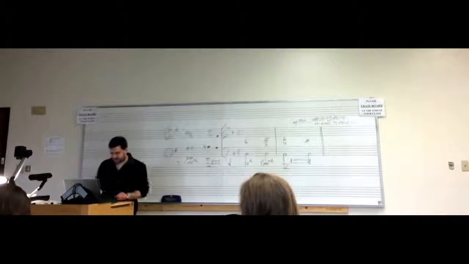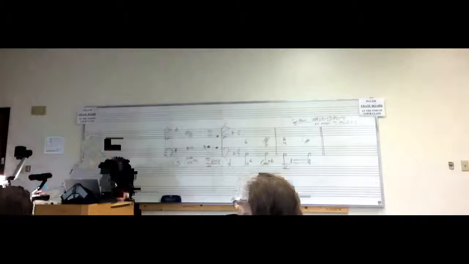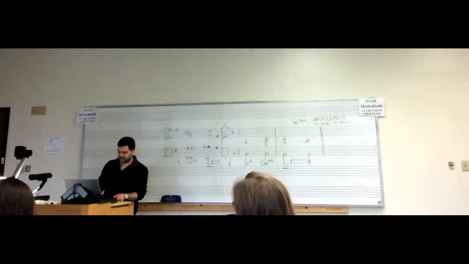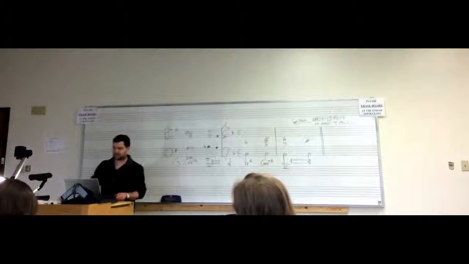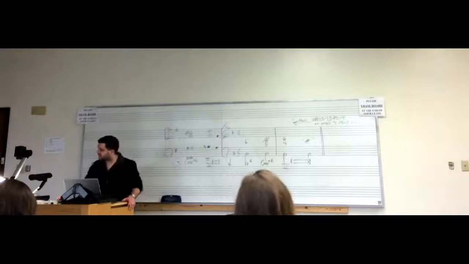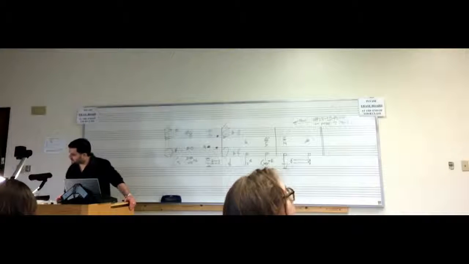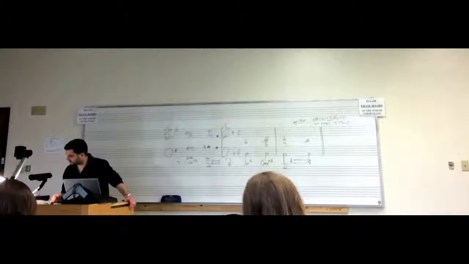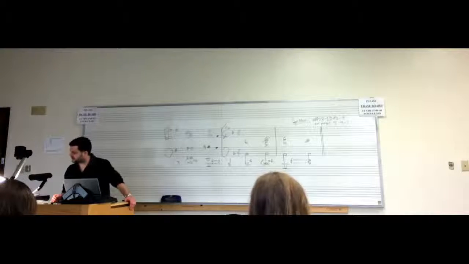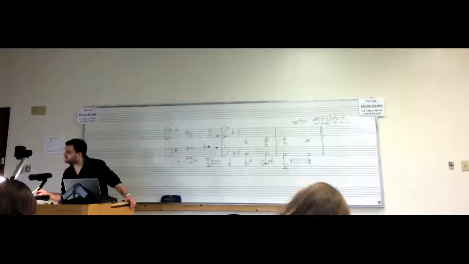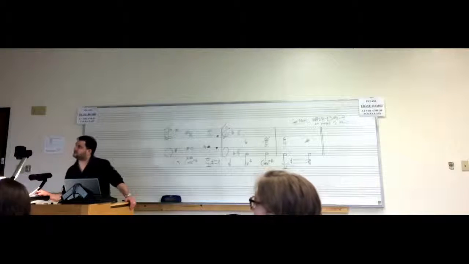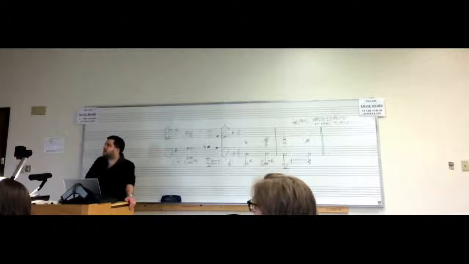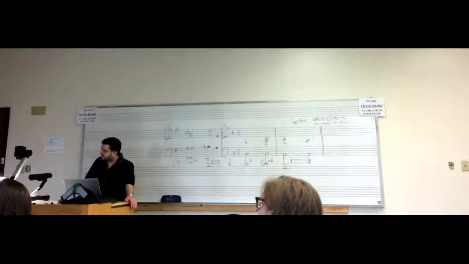Okay, then let's skip to the next one, which is another Schubert excerpt from his Mass. This is the Sanctus, the very beginning of the Sanctus. Before we get started here, what exact key are we in at this moment? I know it says that this is a Mass in G major, but is that the key we're in right now?